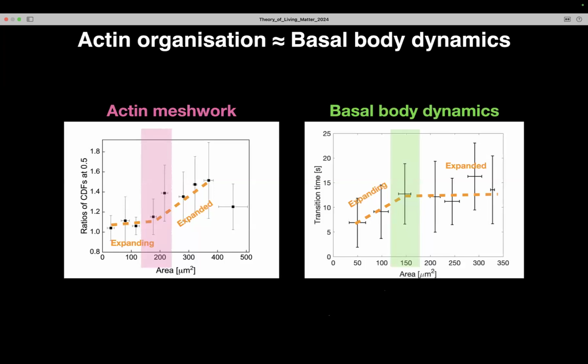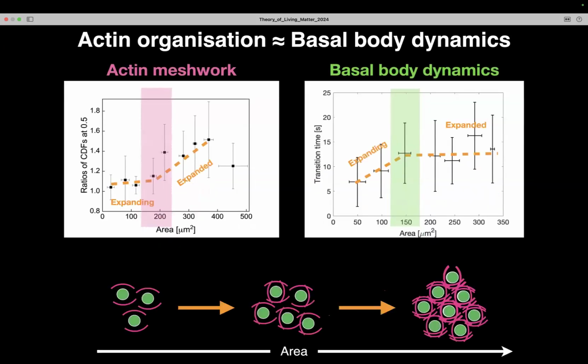But in fact, both quantifications say the same thing: that there is some sort of reorganization of actin network, and this reorganization has a shift point, which happens at about 150 to 200 micrometers squared. So what does it mean? Looking at these results, we hypothesize that as the basal body reaches the actin within the apical domain, it starts getting cross-linked.